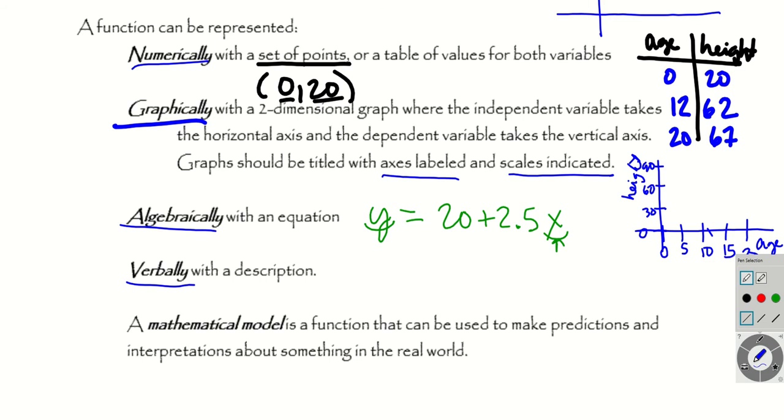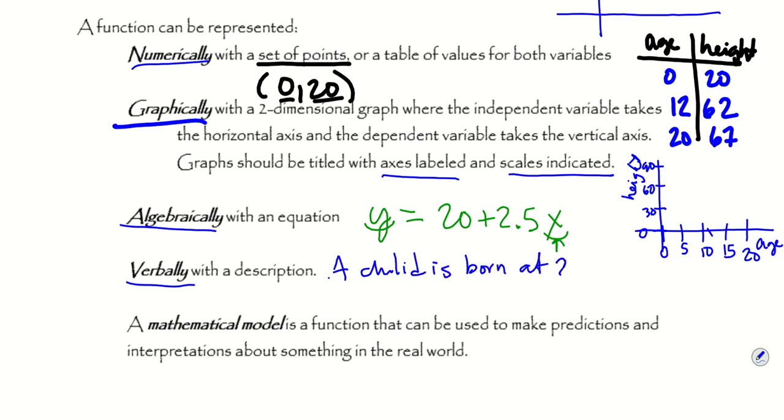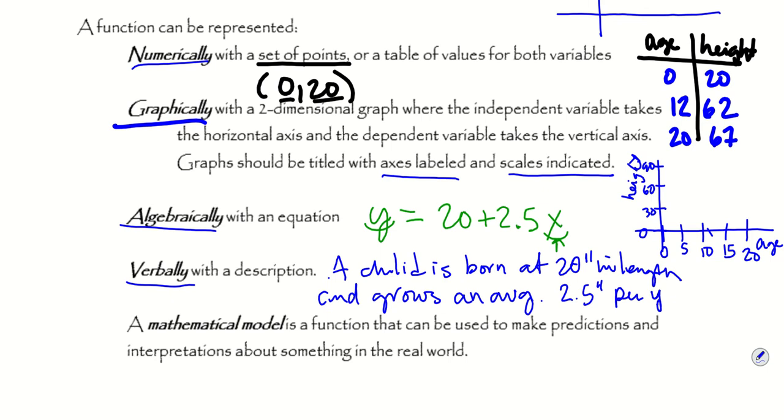So I might say something like, a child is born at 20 inches in length and grows an average 2.5 inches per year until they are 20 years old.